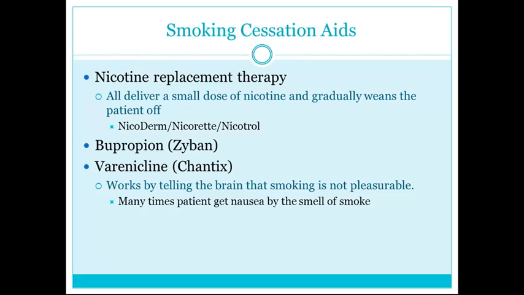We also have bupropion, also called Zyban, and varenicline, also called Chantix, which works by telling the brain that smoking is not pleasurable. Many patients get very nauseous by the smell of smoke while taking this medication. However, Zyban and Chantix have a severe side effect of suicidal thoughts. Therefore, the nicotine replacement therapy is the first-line therapy.